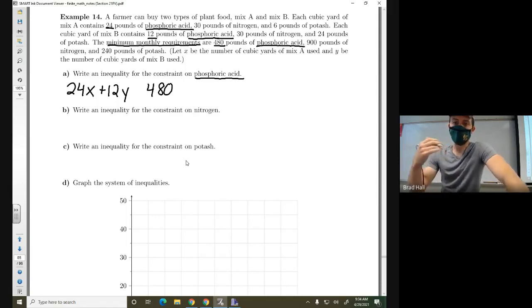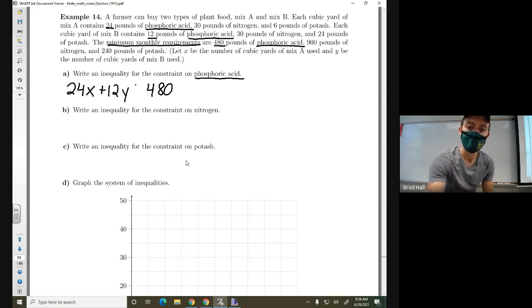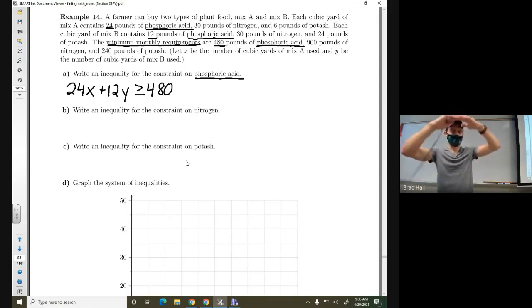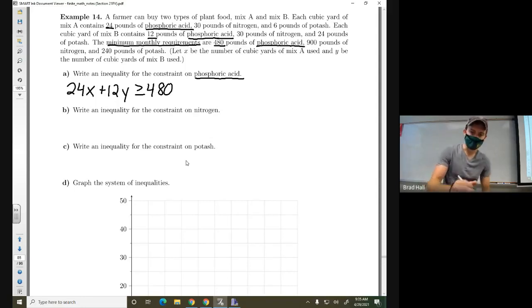By saying the minimum monthly requirement, that means we need a greater than or equal to symbol, because our expression here, 24x plus 12y, at the minimum can be 480, but it could be larger than that. So we need to use greater than or equal to, because that establishes that 480 would be the minimum.